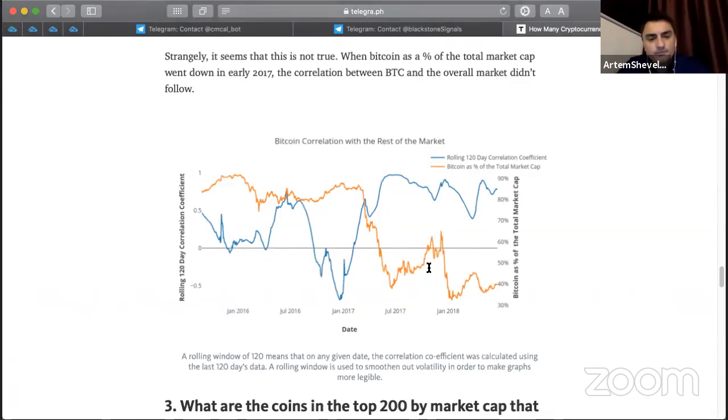Always correlated, you see? So in January 2017, the correlation was at lows, not 40%, I'm sorry, like minus 0.5. And most of the time the correlation is above zero, so it's correlated, right?